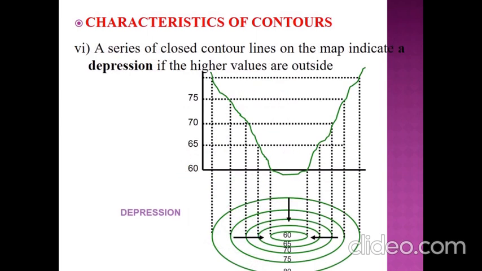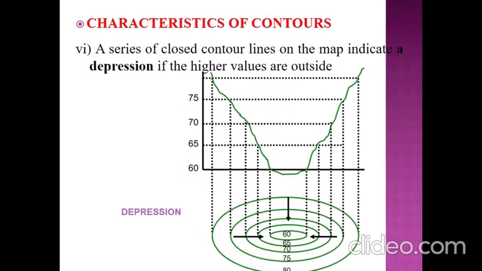Then the next characteristic of contour: a series of close contour lines on a map indicate a depression if the highest values are outside. See here in this diagram, the sectional view of a valley is there. Here the baseline is the x-axis, and here is the y-axis.